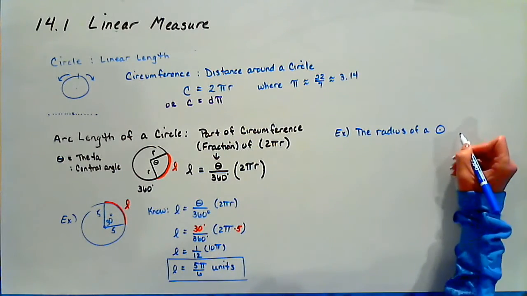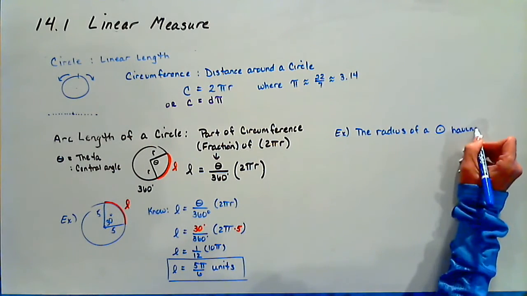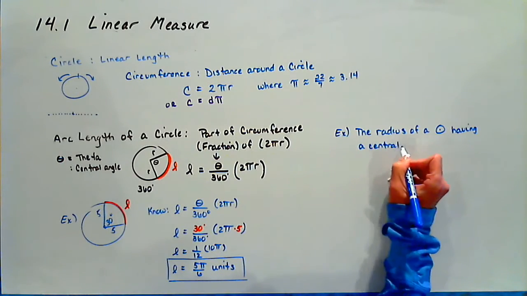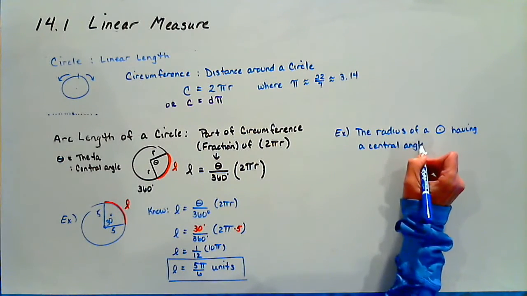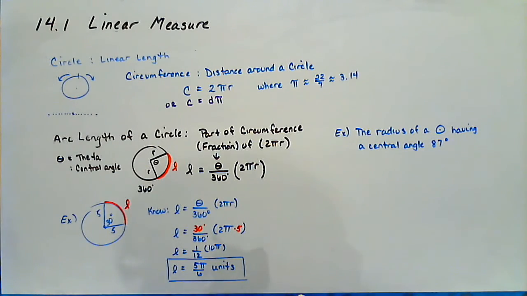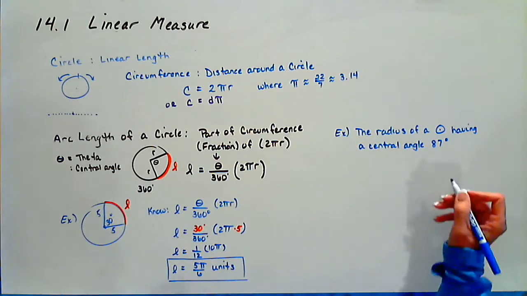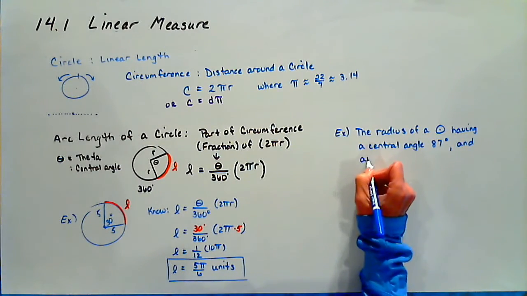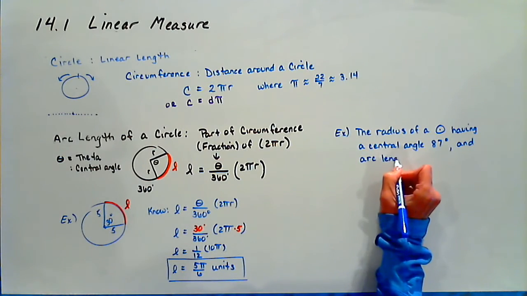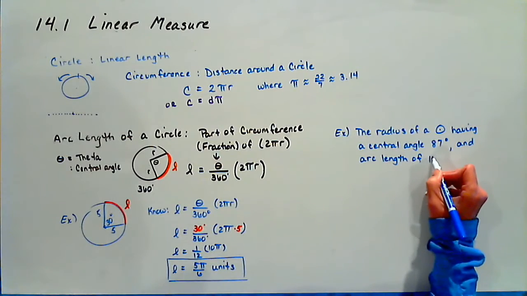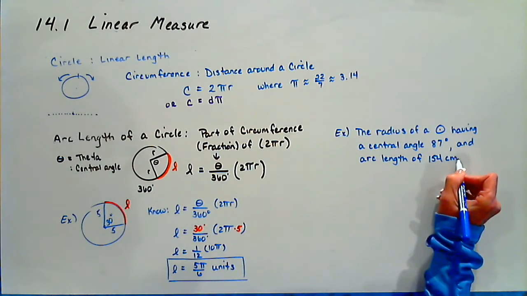The radius of a circle having a central angle of 87 degrees and an arc length of 154 centimeters.